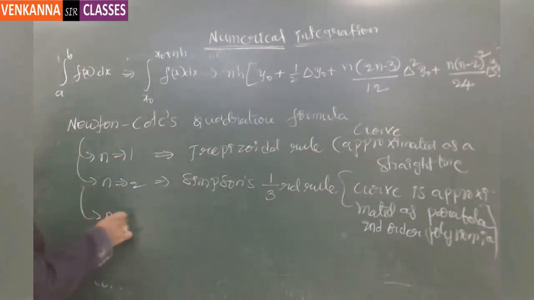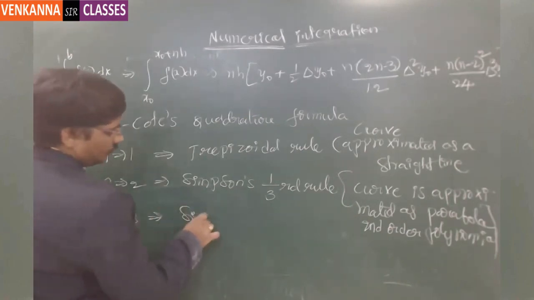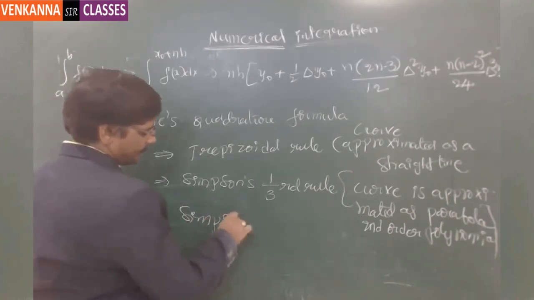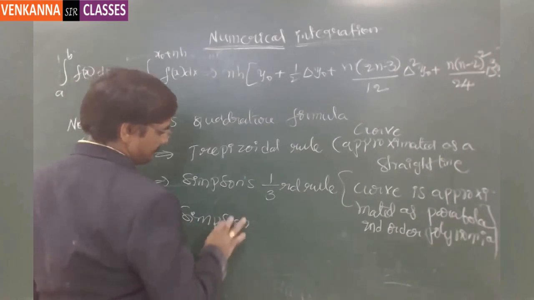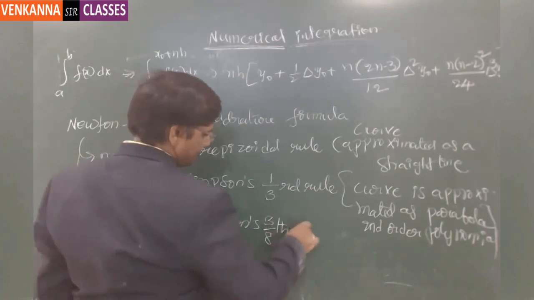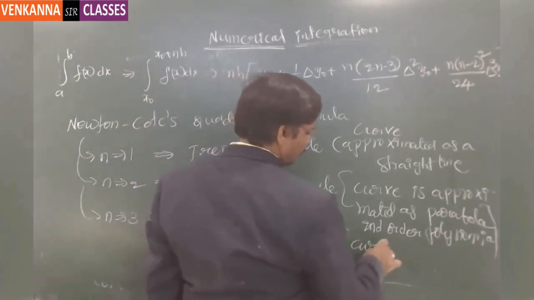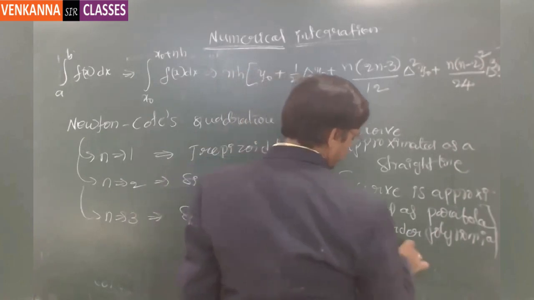And n equal to 3 gives Simpson's 3/8 rule, where the curve is approximated as a third order polynomial.